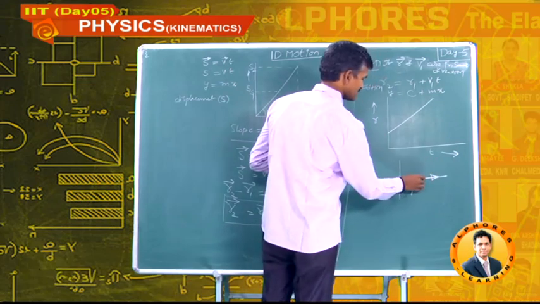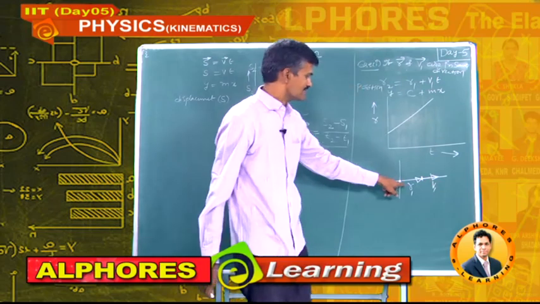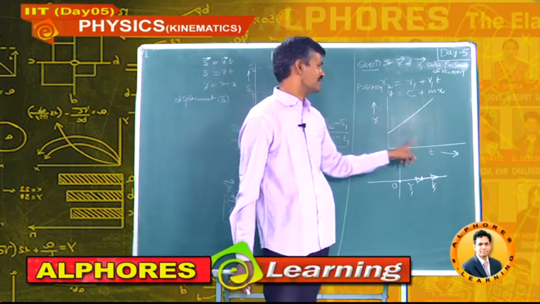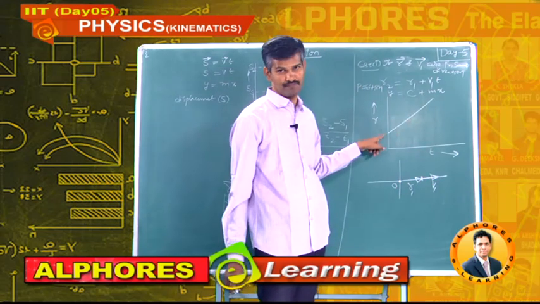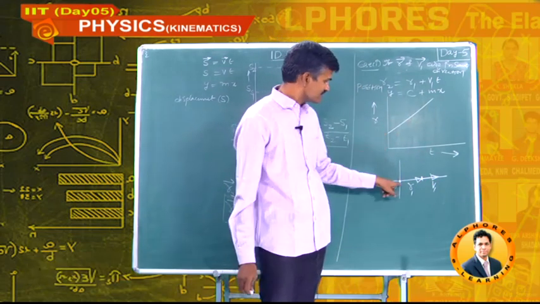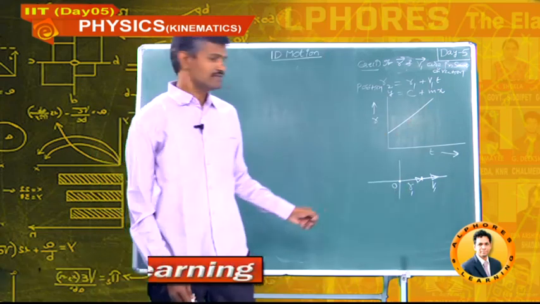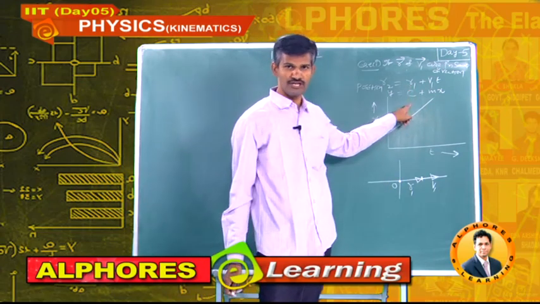This is the position vector and this is V1. So, in such a case, the position time graph is a line with a positive y intercept. Students, this is the position time graph when position is positive.